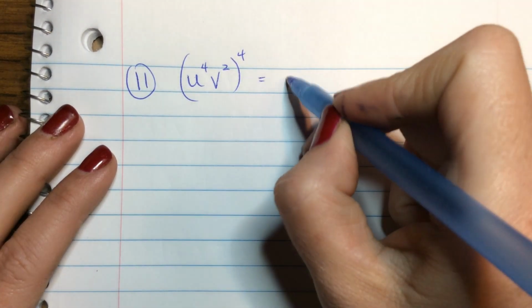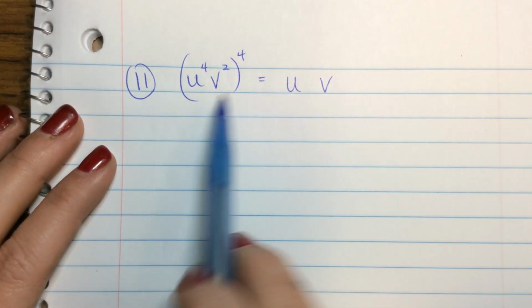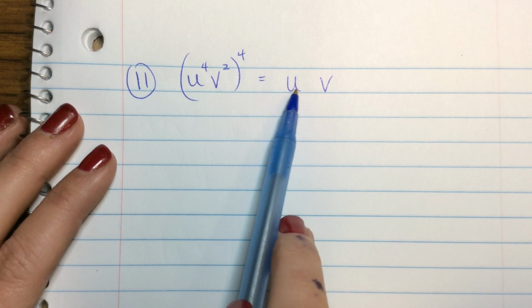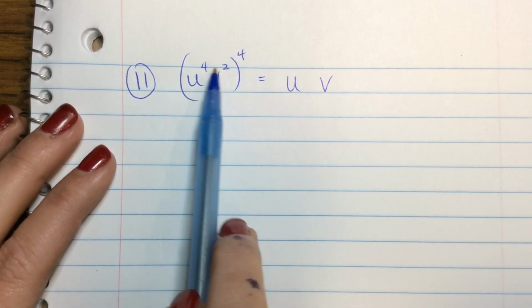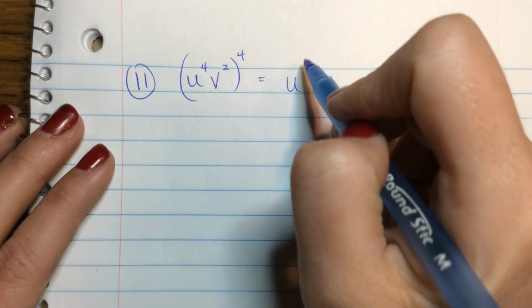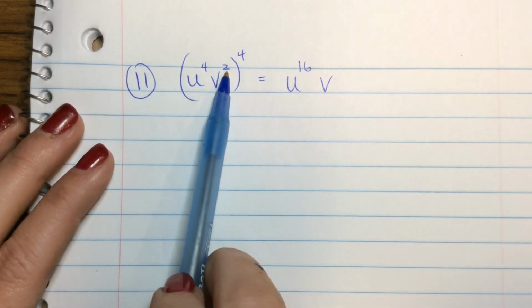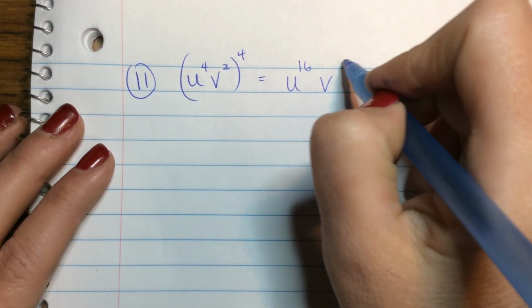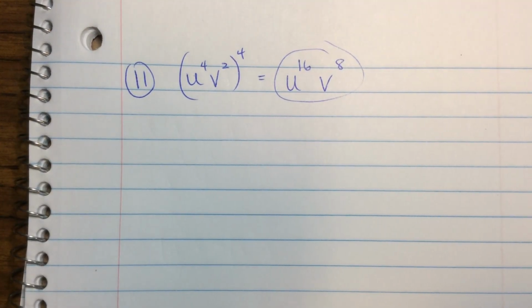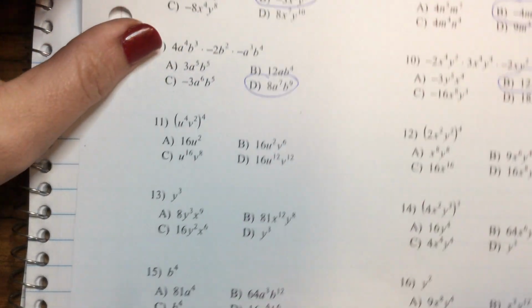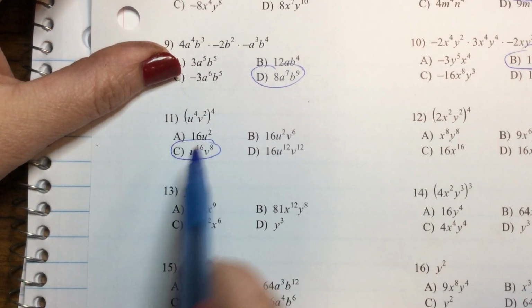It says keep the base and multiply the exponent. So I'm going to keep the u, I'm going to keep the v, and I'm going to multiply the exponents. So 4 times 4 is 16, and 2 times 4 is 8. And that is the answer. So let's look for it. And sure enough, there it is.